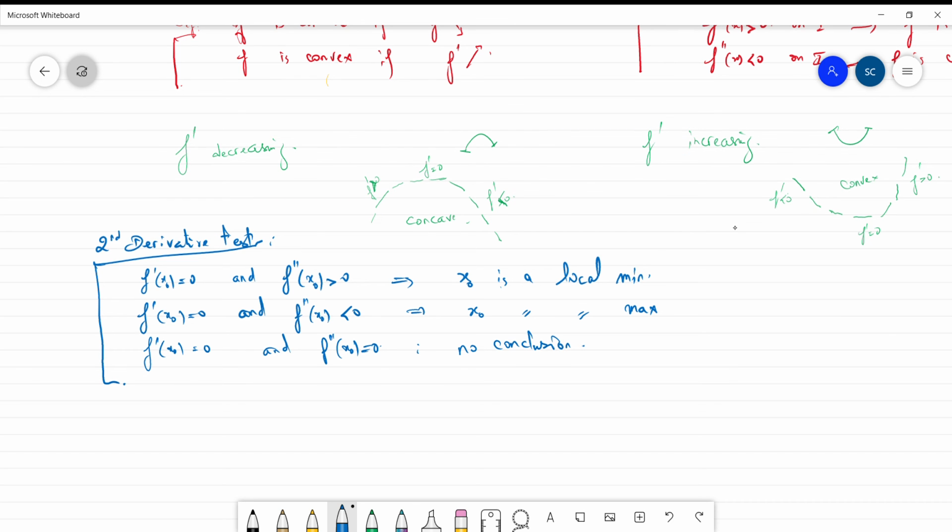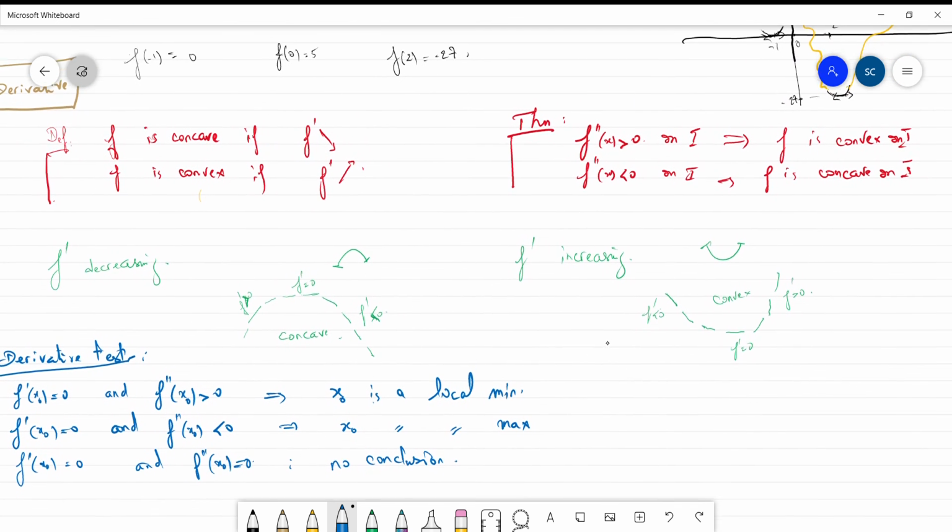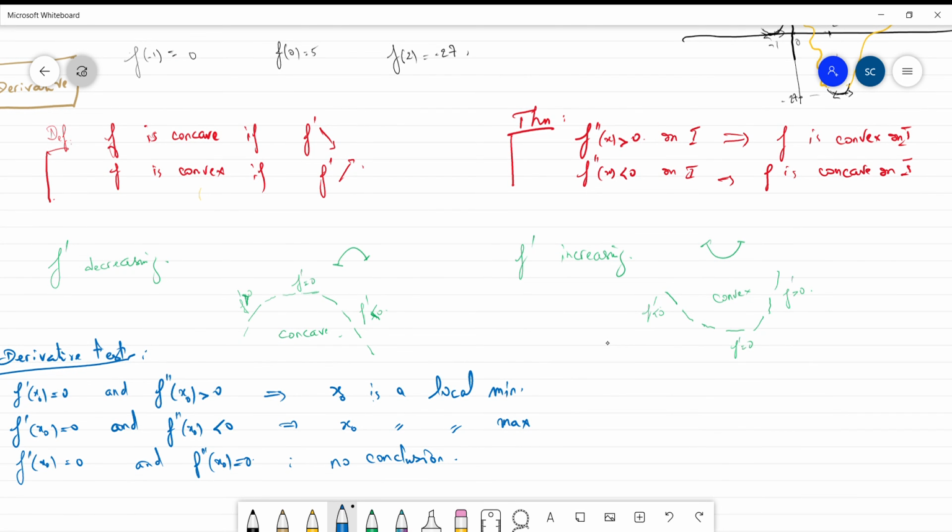I spoke about the inflection point, so I need to give this definition.